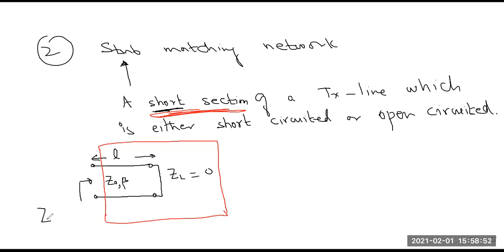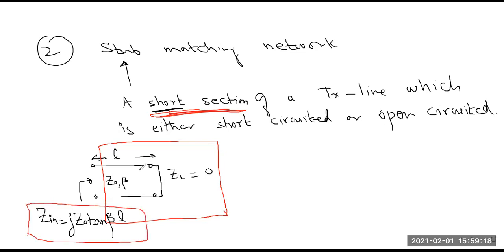I will call it Zin. From our transmission line theory, we have already covered that the input impedance of this line is equal to jZ0 tangent(beta L). You can refer back to my previous lecture and you will find that we have covered this.